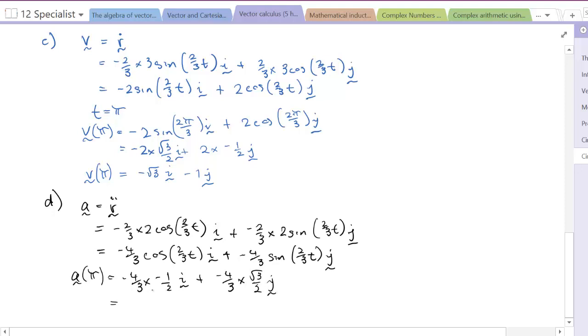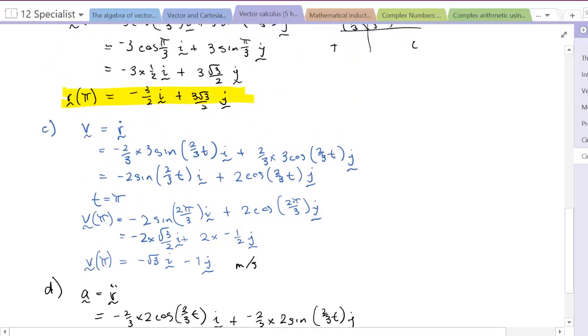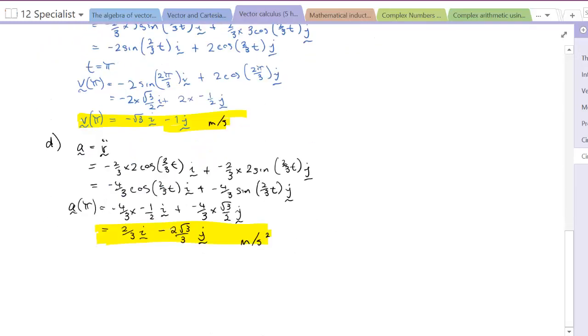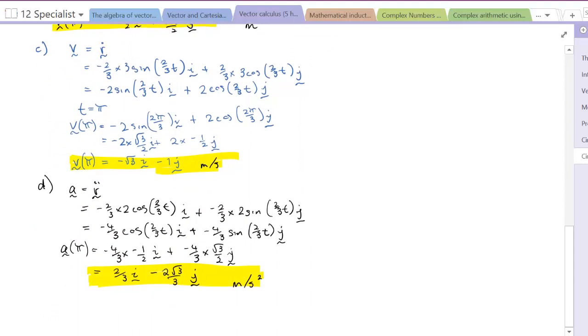So we're left with 2/3 i and -2√3 on 3 in the j direction. And that is in meters per second squared. Obviously the velocity will be meters per second, and the position vector, meters. Now all of this highlights how important it is to be fluent with your vector calculus, but also your trigonometry from Unit 2.